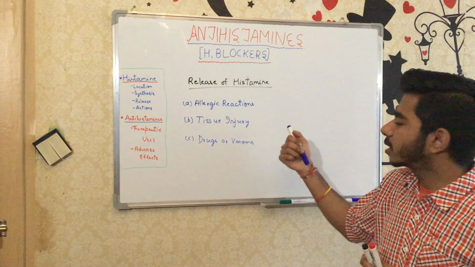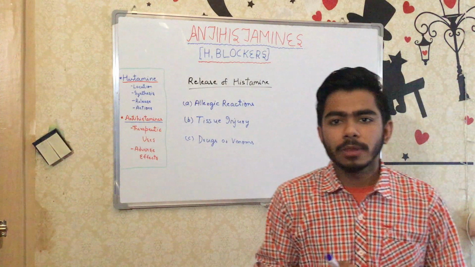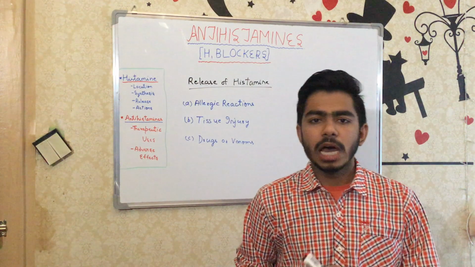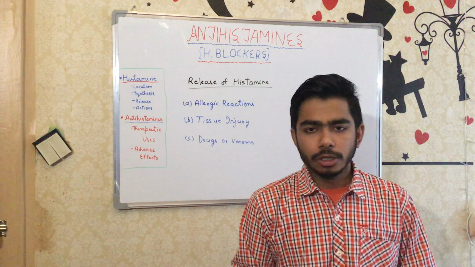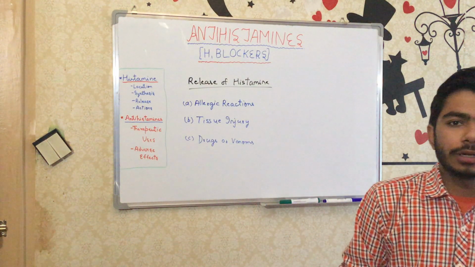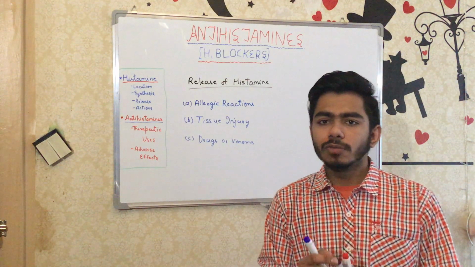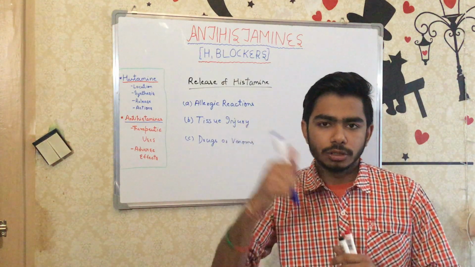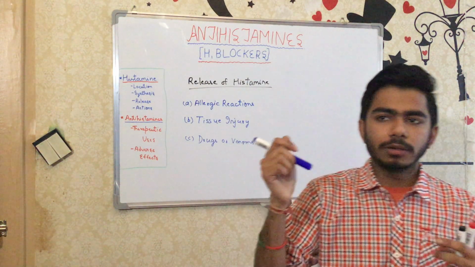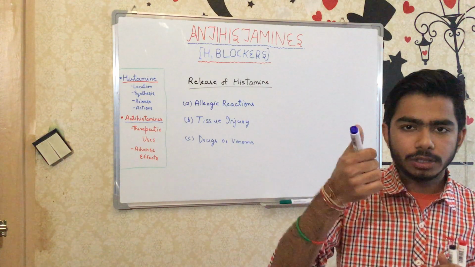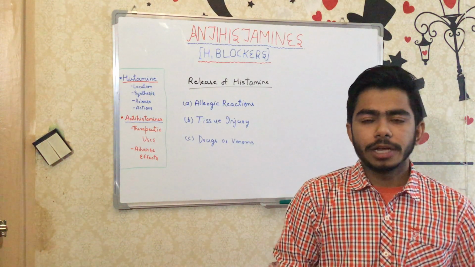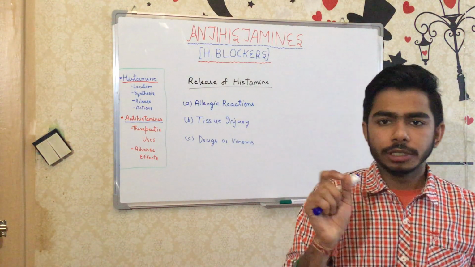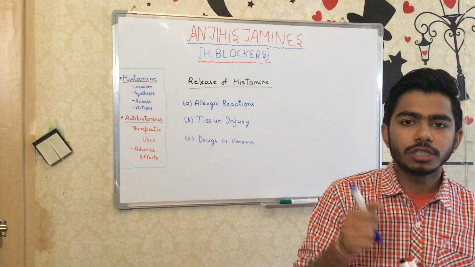In the case of histamine, they will produce immunoglobulin type E, which also induces hypersensitivity type 1 reactions. Immunoglobulin E binds to the mast cells, and if any allergen comes in contact with the antibody, IgE, it will cause the degranulation of the mast cells, and they will release the histamines.